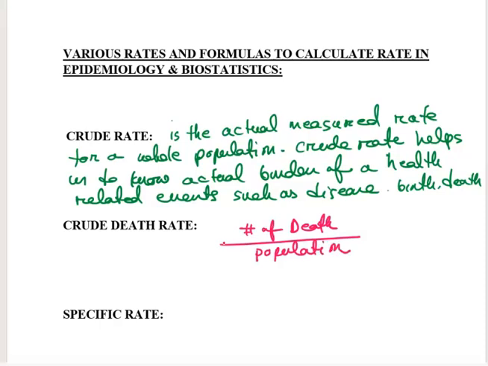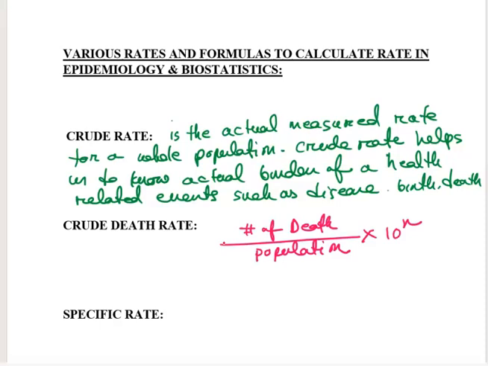So if the number of deaths is, for example, 50 and the population is, suppose, 5 million, then the rate will have lots of numbers after the decimal. So to avoid that, we can calculate the rate per 1,000 usually, or it could be per 100,000 to get a nicer number.